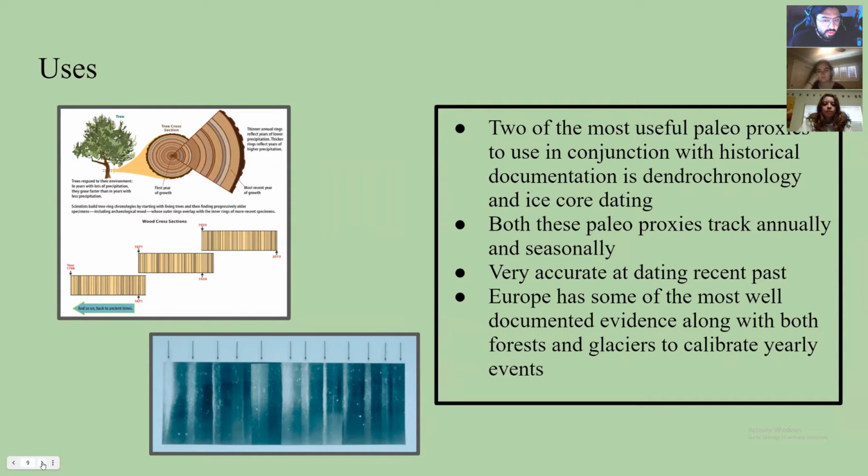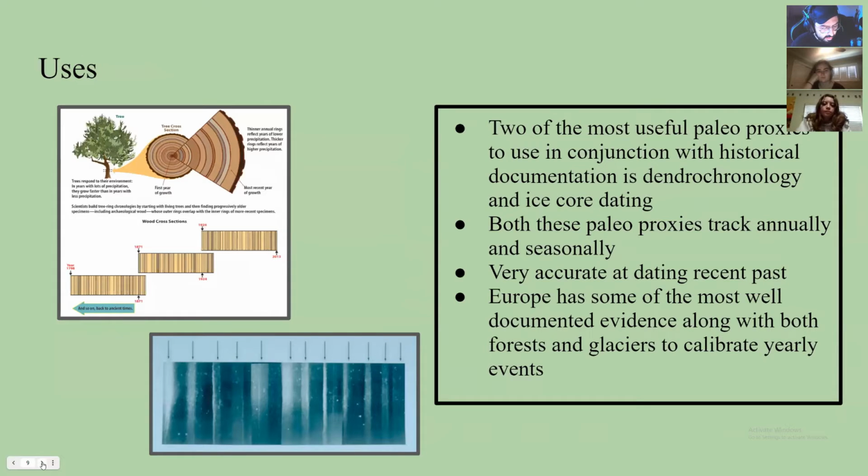So two of the most useful paleoproxies, as I stated before, are dendrochronology and ice core dating. Both these paleoproxies track annually and seasonally, so they're very accurate at dating the recent past. And Europe has some of the most well-documented evidence, along with both forests and glaciers, to calibrate yearly events.